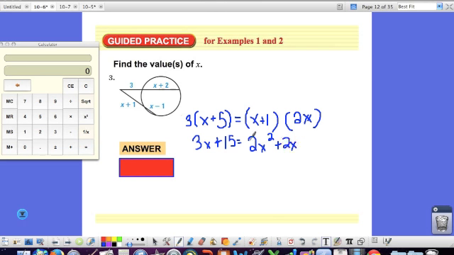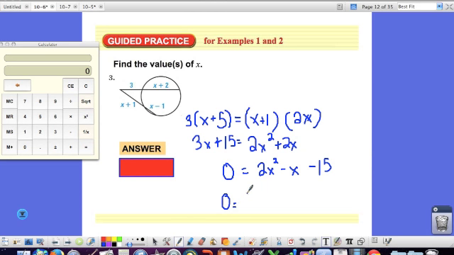This is going to end up being a quadratic when I have to get everything equal to 0 over here. So 0 equals 2x squared. I subtract the 3x from both sides, and I get 2x minus 3x is negative x, and I subtract the 15.